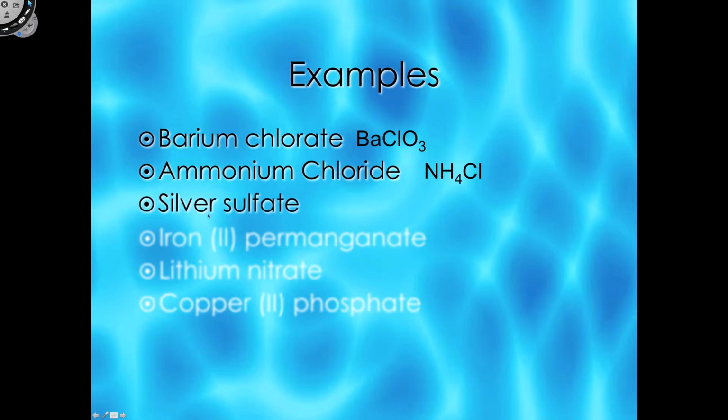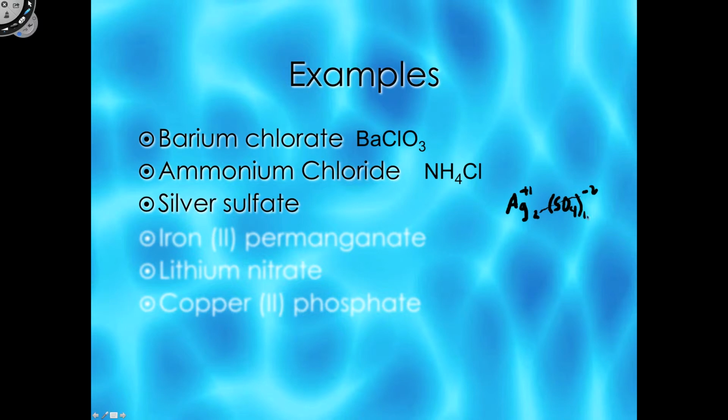Silver sulfate. Again, why is this ionic? Because silver is a metal. So I write the symbol for silver, Ag. And sulfate ends in ATE, so I know it's a polyatomic ion. It's SO4, -2 charge. Silver is +1. Do they add up to 0? They do not, so the 2 crisscrosses here. The 1 crisscrosses here.